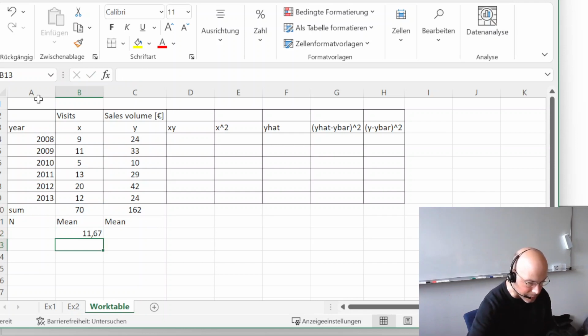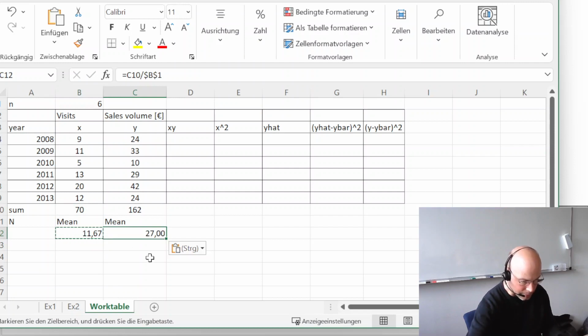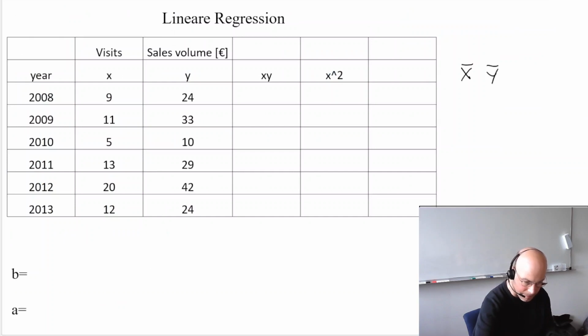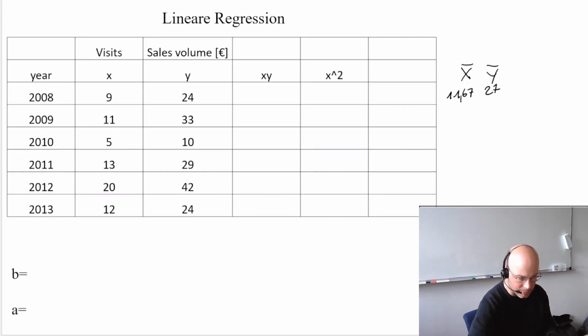So N equals 6. And then we find X bar is 11.67 and Y bar is 27.